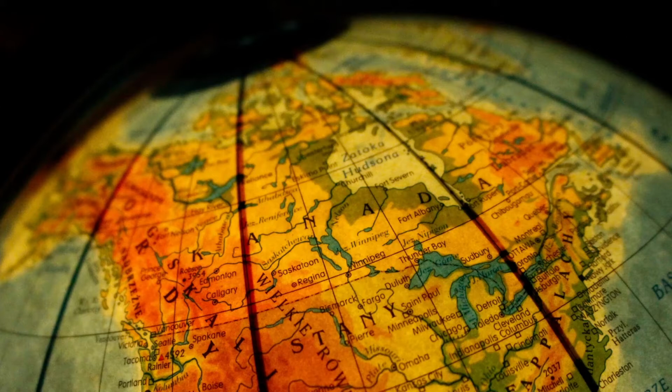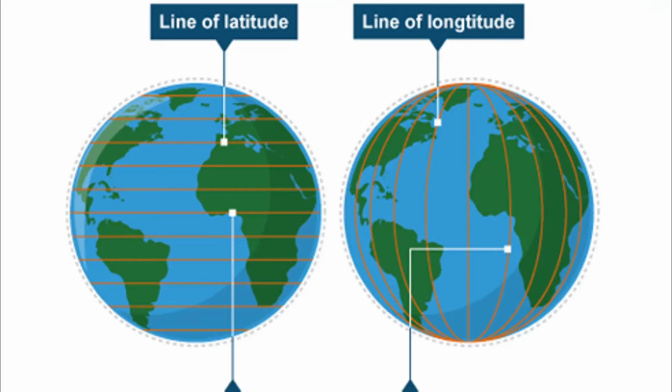Latitude and longitude are systems of angles which are used to describe any place on Earth. Lines of latitude run in an east-west direction across Earth. Lines of longitude run in a north-south direction.